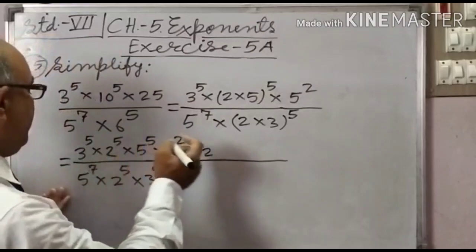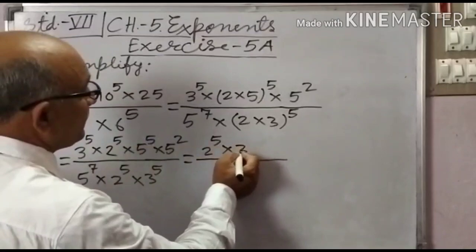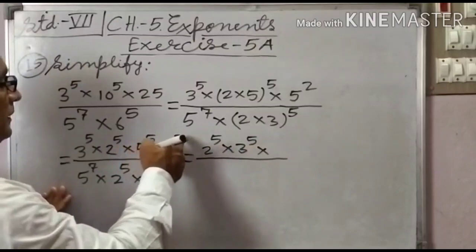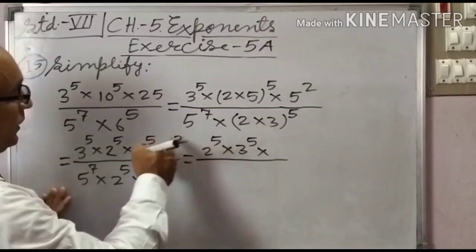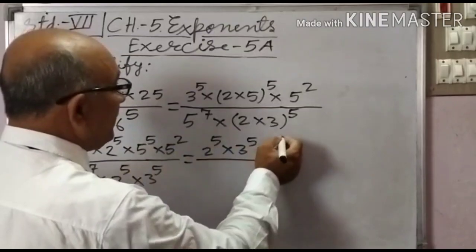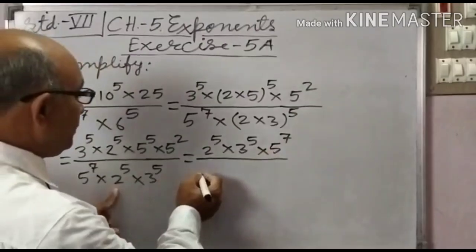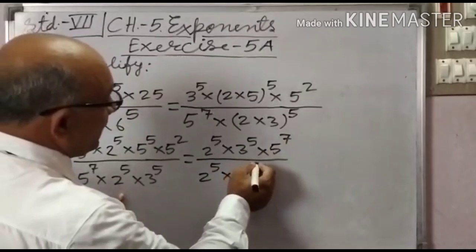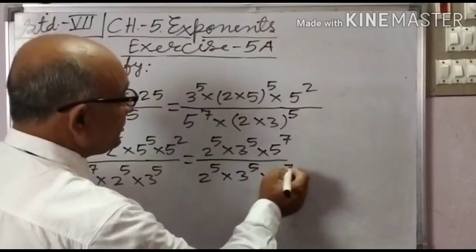2 to the power 5 into 3 to the power 5 into 5 to the power 5 plus 2. 5 to the power 5 into 5 to the power 2 equals 5 to the power 5 plus 2. That means 5 to the power 7 divided by, arranging it, 2 to the power 5 into 3 to the power 5 into 5 to the power 7.